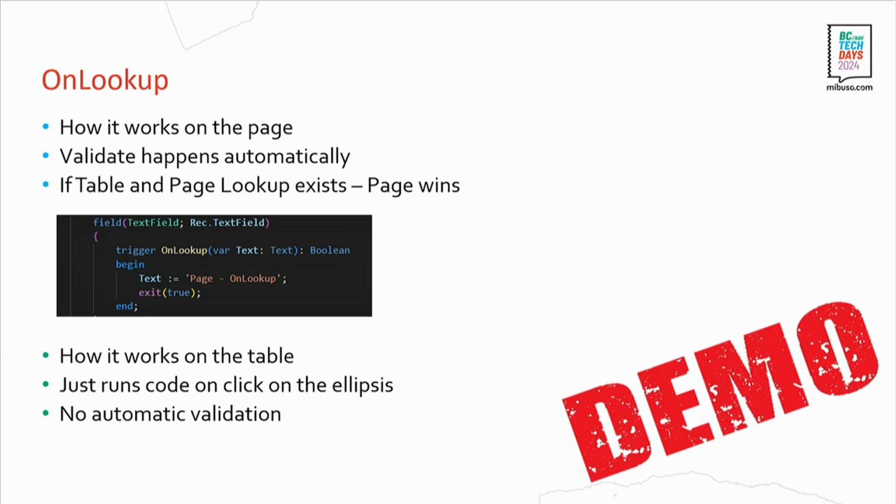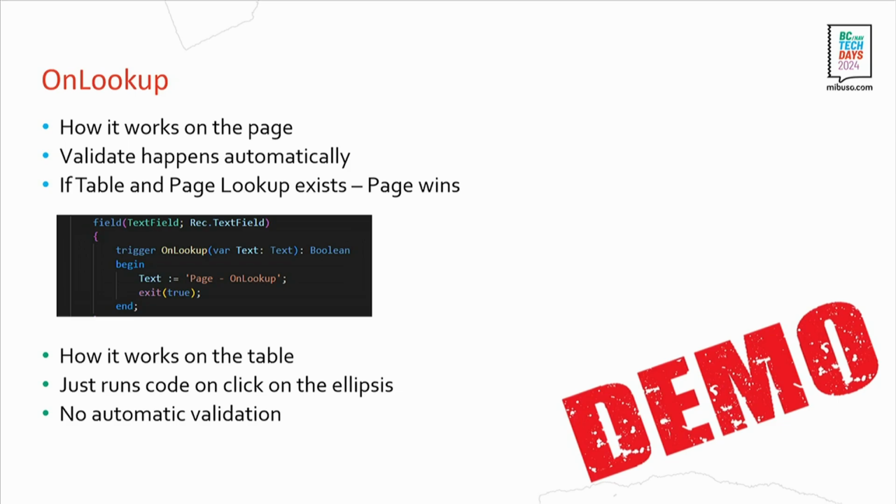But you need to know that if the table and the page both define the lookup trigger, the page wins. I'm not sure if that's intended or why it is that way, but that's what we found out. So whenever you put onLookup code on the page, the lookup code on the table won't get executed.